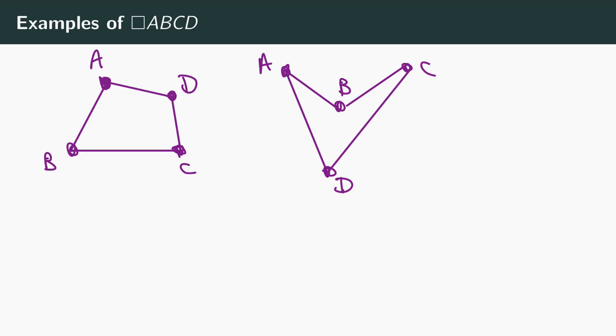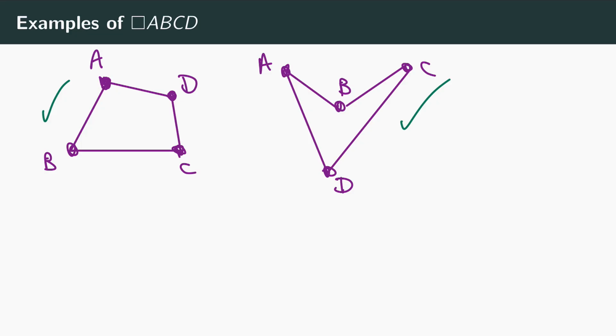So the one on the left is what's called a convex quadrilateral. The one on the right is not convex. We'll maybe talk about that at some other point. Right now, let's not focus on that. So these are examples. So let me give us green check marks for both of those.